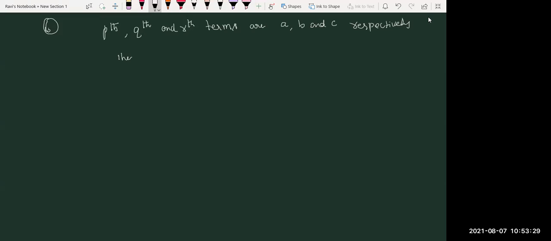Then they ask us to find the value of P times (B minus C), plus Q times (C minus A), plus R times (A minus B), equal to how much?